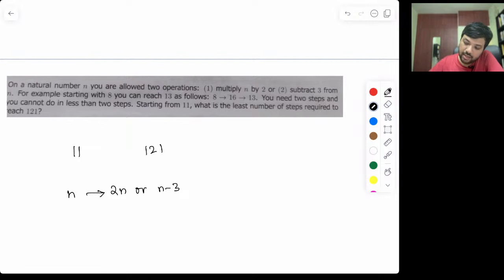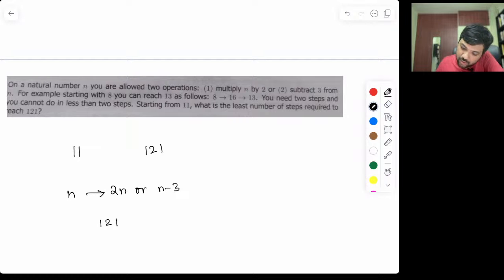Anudip is saying that you can basically try to go backwards. What does going backwards mean? Going backwards from 121, I think Anudip's point is that it will tell you exactly when you can divide by 2.